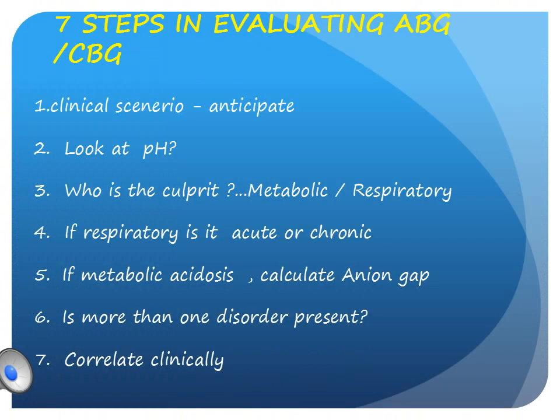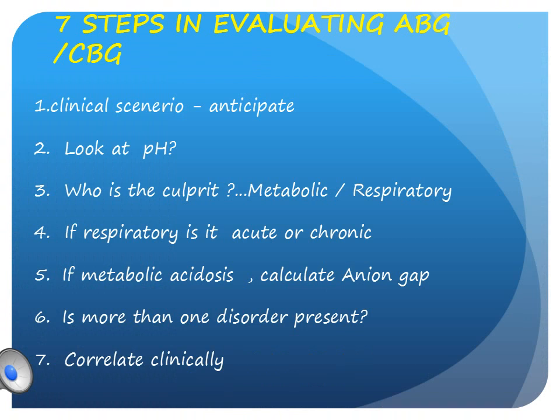Finally, the 7 important steps in evaluating ABG or CBG. Each step has its own value. The first step, the clinical scenario. The second, look at the pH, whether it's increased or decreased. That is, whether it's an acidosis or an alkalosis. Who is the culprit?